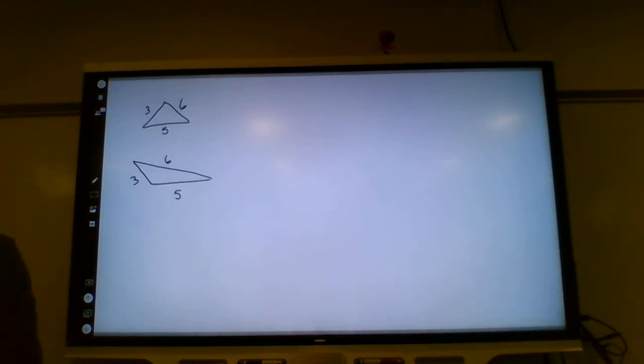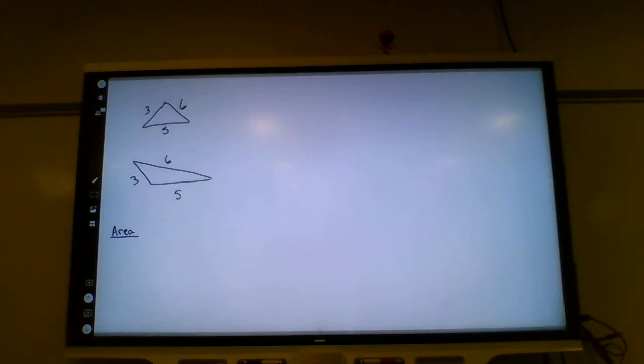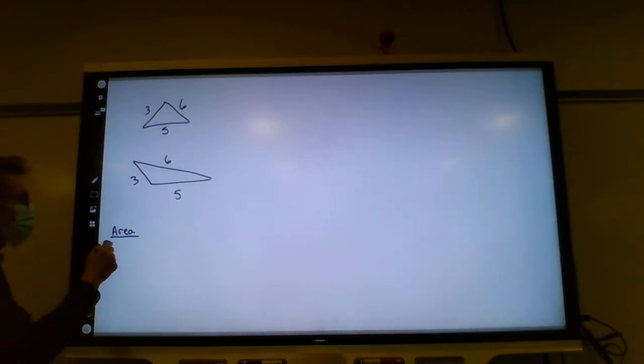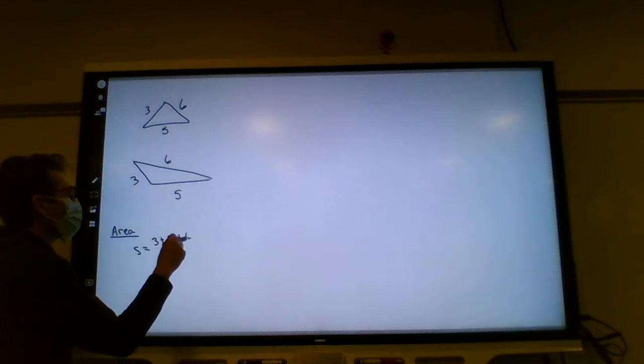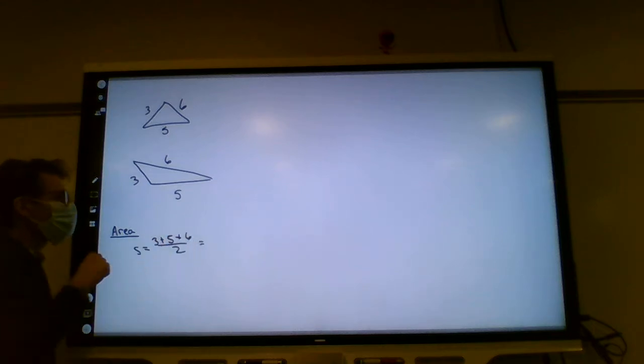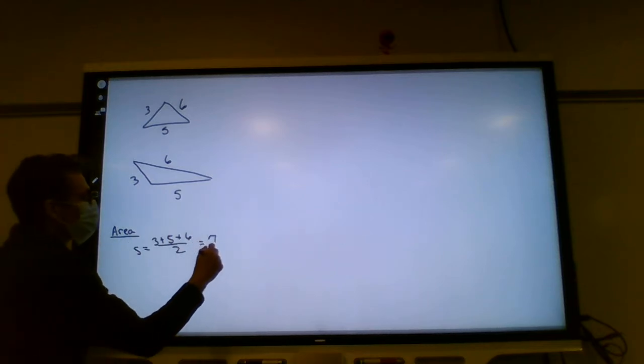Now let's say we want the area of this triangle. To find the area of this triangle, we have 3 different ways to do this. If we trust Heron, what can we do? So S would be 3 plus 5 plus 6 divided by 2, which is 7.